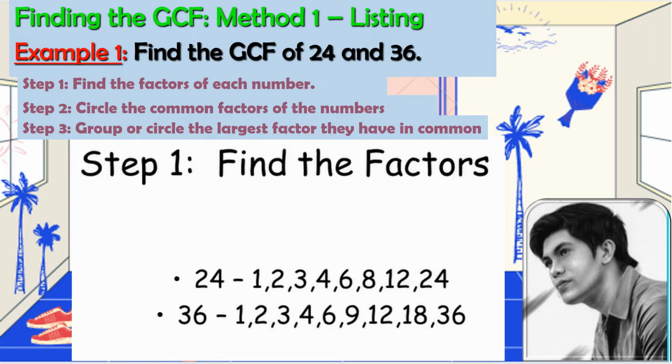And 6 times 6 equals 36. Isa lang ang isusulat mo kapag nagdoble yung number, like 6 times 6, so 6 lang ang isulat mo. But you have to arrange the factors from lowest to highest para hindi po kayo malito. Now, let's go to step 2 after listing the factors of the given numbers.